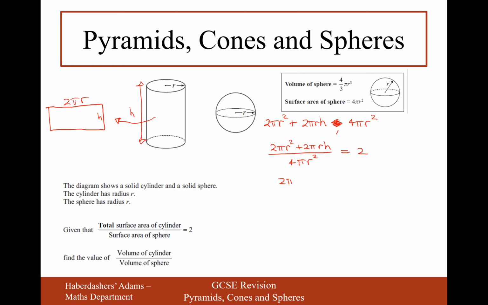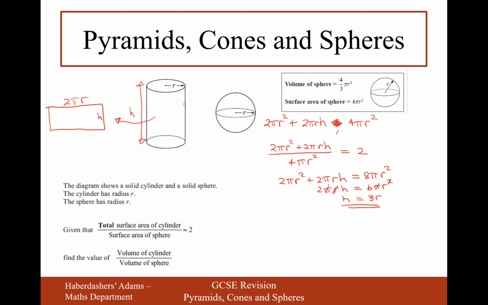So 2 pi r squared plus 2 pi r h equals 8 pi r squared. Take away the 2 pi r squared, so we get 2 pi r h equals 6 pi r squared. Now we'll divide by pi on both sides, divide by one of the r's on both sides, and divide by 2 on both sides, so we get h equals 3r.